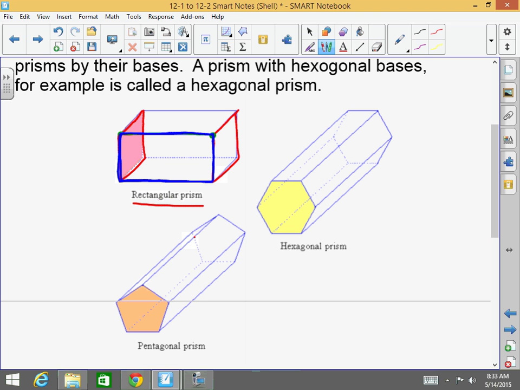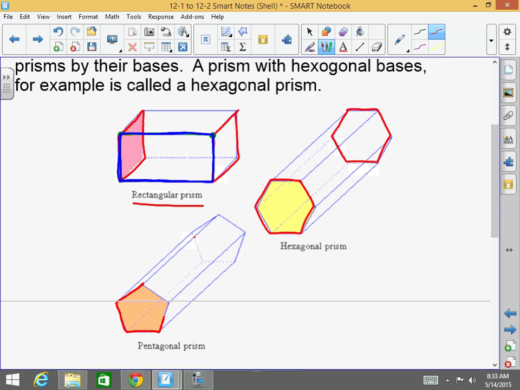Then I showed you a couple other types of prisms. There are an infinite number of prisms. This guy right here would be a hexagonal prism. Why is it a hexagonal prism? Because I have not one, but two hexagons that happen to be parallel to each other and congruent to each other. That makes a prism. This guy down here is a pentagonal prism.